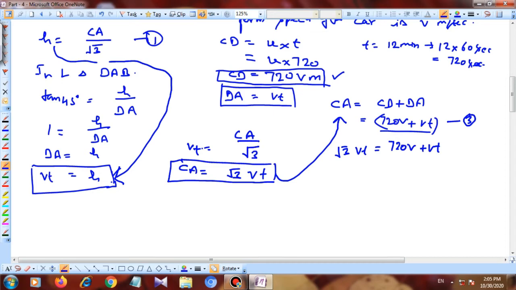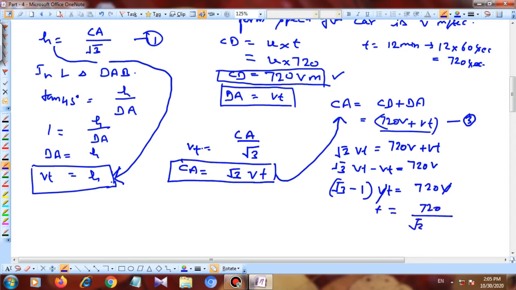So transfer VT to root 3 times VT, then you will get root 3 VT minus VT equals 720V. So take VT as common, then you will get root 3 minus 1 times VT, right? So this is 720V. V cancels. So time t equals 720 upon root 3 minus 1.